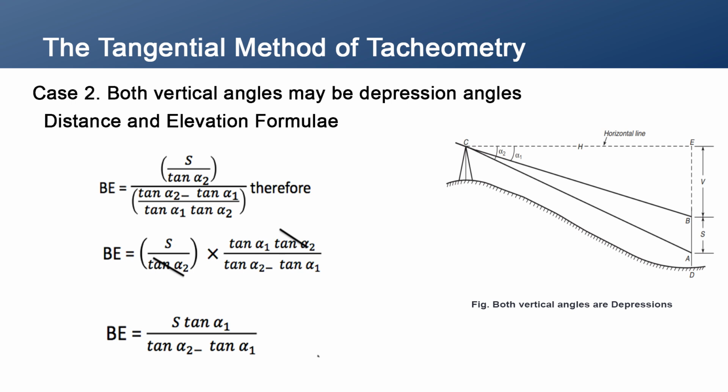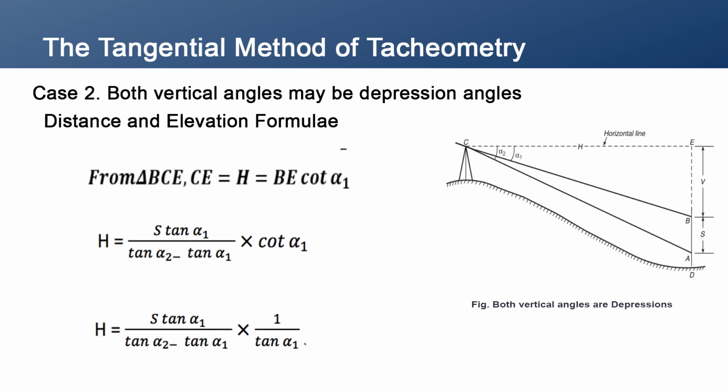Now, taking the LCM and solving the denominator, we arrive at BE is equal to S by tan alpha 2 by (tan alpha 2 minus tan alpha 1) by (tan alpha 1 tan alpha 2), which leads to BE is equal to S by tan alpha 2 into tan alpha 1 tan alpha 2 by (tan alpha 2 minus tan alpha 1). Cancelling tan alpha 2 on both the numerator and the denominator, we arrive at BE is equal to S tan alpha 1 by (tan alpha 2 minus tan alpha 1).